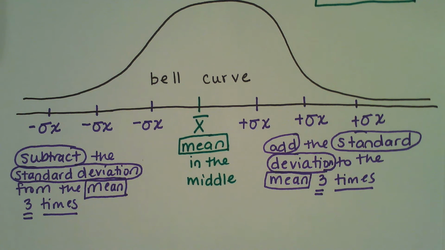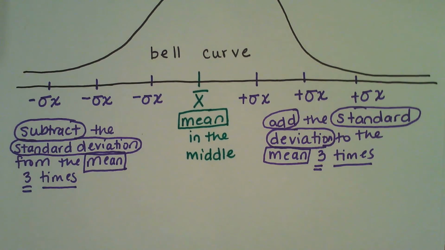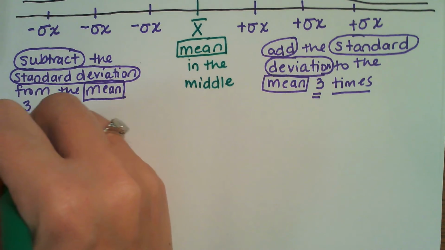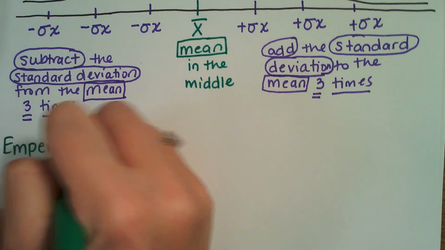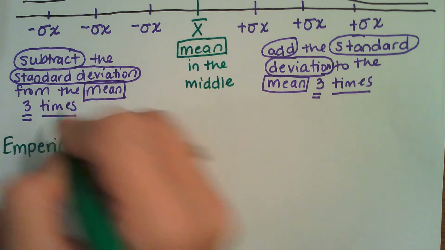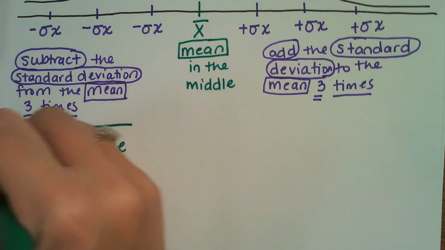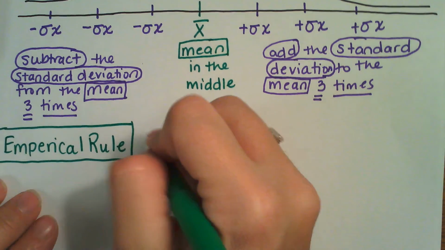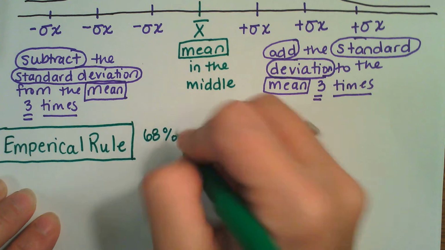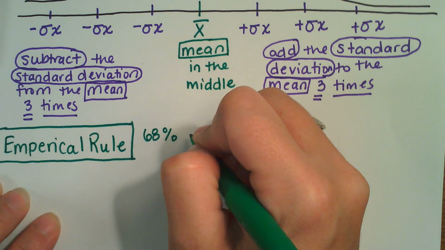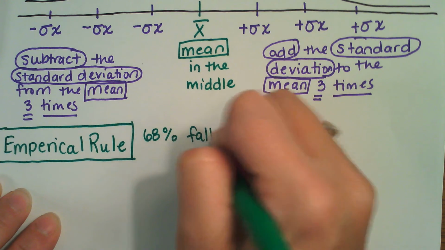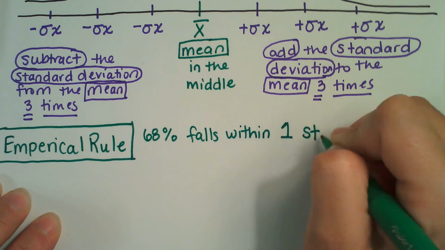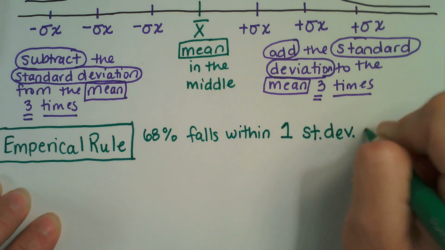Okay, so we create this bell curve because there is something called the empirical rule. It says that 68% of your data falls within one standard deviation of the mean.